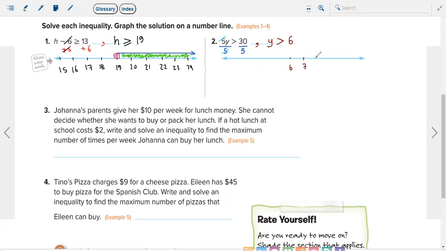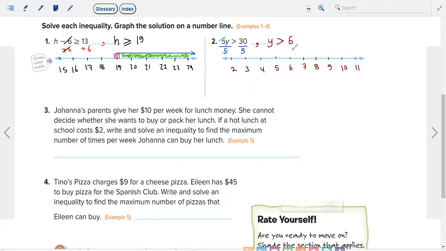So here is 7, 8, 9, 10, 11. Before 6, 5, 4, 3, 2. It's not necessary to reach 0, so you leave it this way.